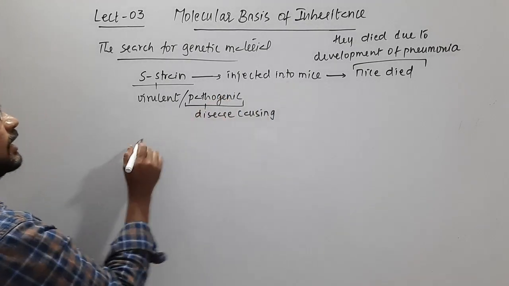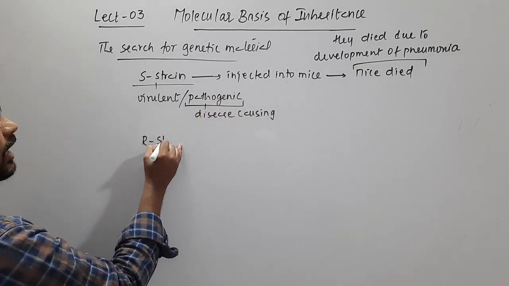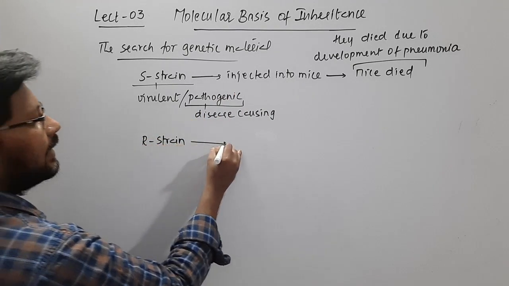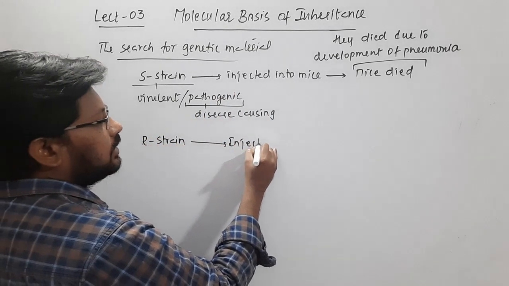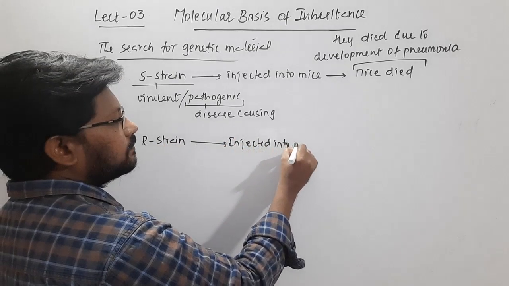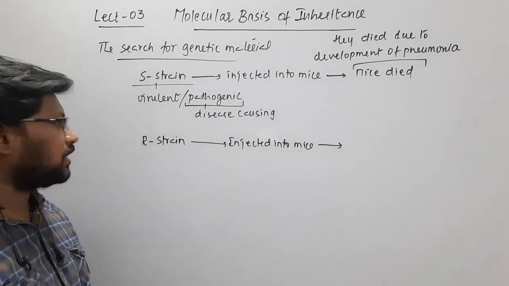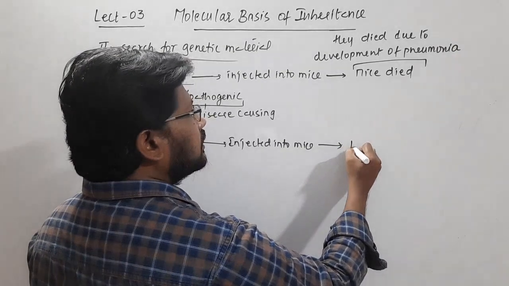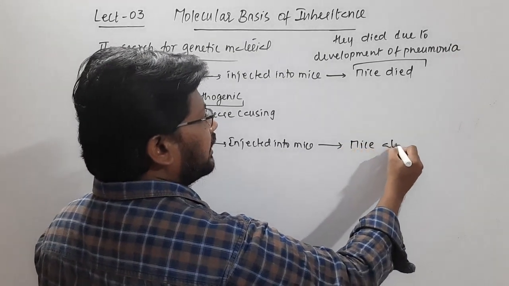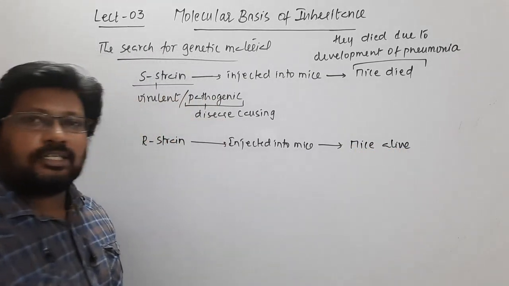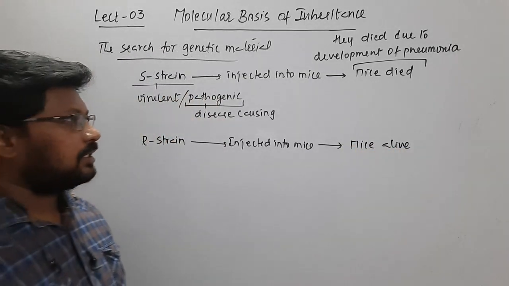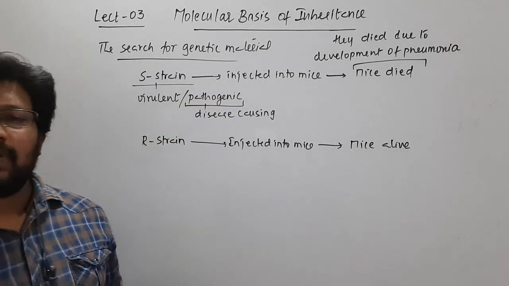of mice. Then he took R strain and injected it into mice. Now when he injected this R strain into the mice, the mice were alive, they did not die, and they did not develop pneumonia either.